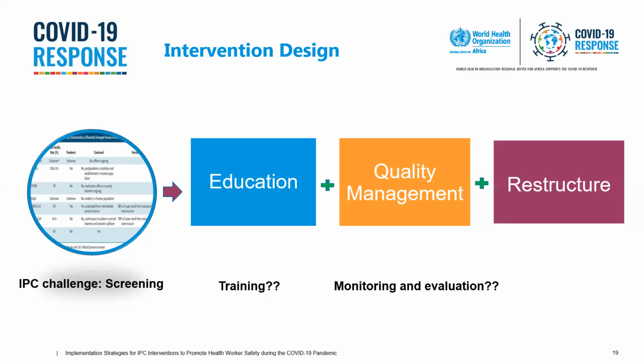And then we said, we're going to have to use a restructure strategy too, because at the beginning of this epidemic where we used these 3 strategies, we didn't have a triage bay. We didn't have a screening area. So we said, we're going to have to restructure.